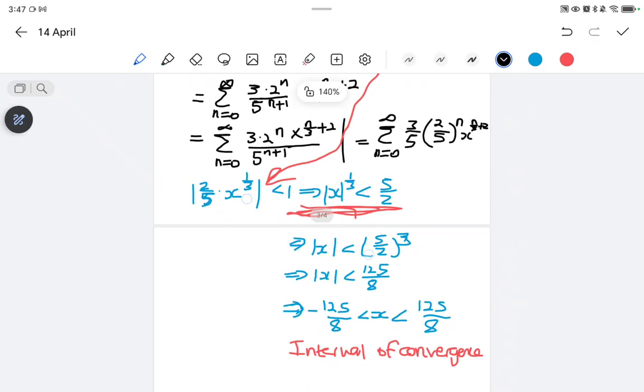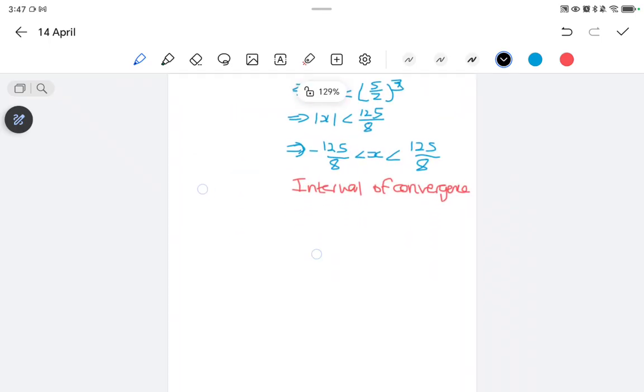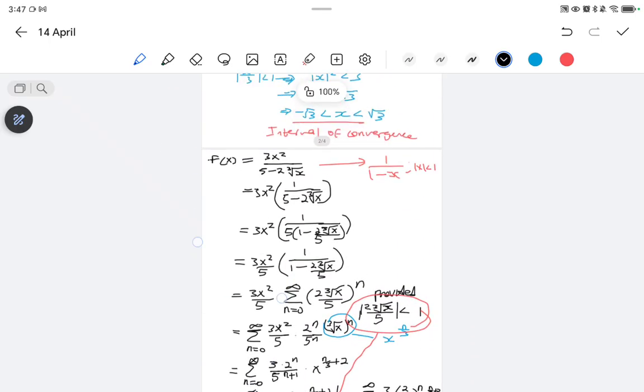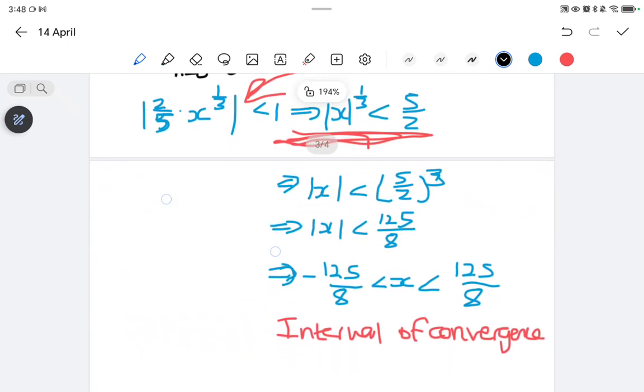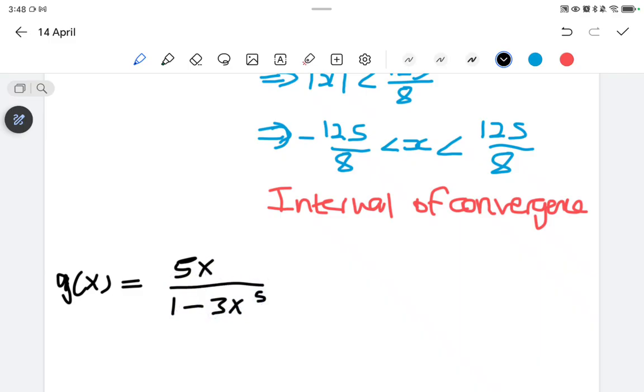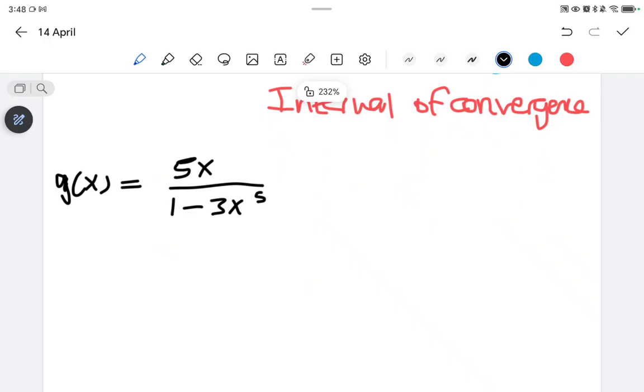Yes, we can. Alright, so now we come to this one. We are given f of x, actually g of x, equals 5x over 1 minus 3x to the 5.